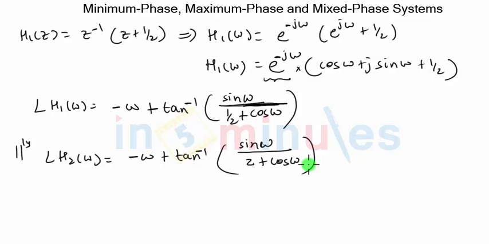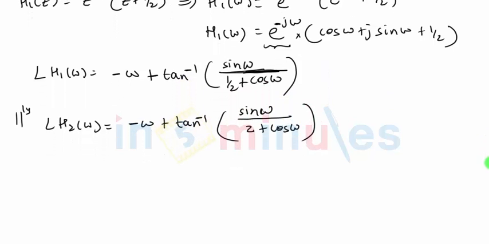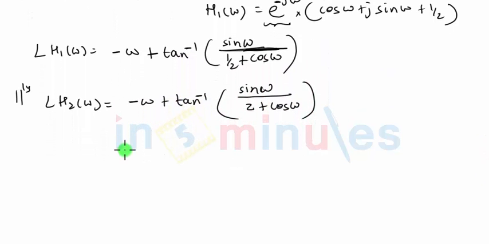So these are the phase spectra that we have got. The magnitude characteristics are identical because the zeros are reciprocal. Please note that whenever zeros are reciprocal, minus 2 and minus half, the magnitude spectrum of the two systems will be exactly the same.